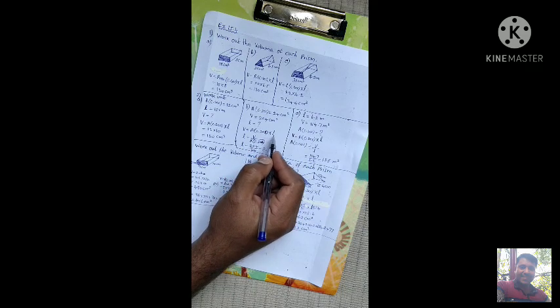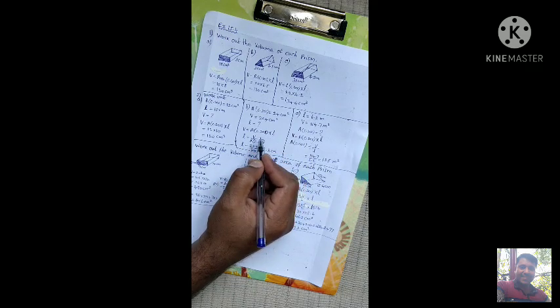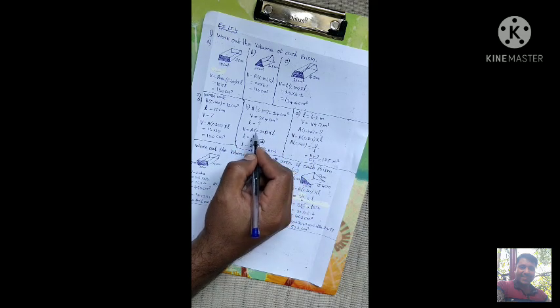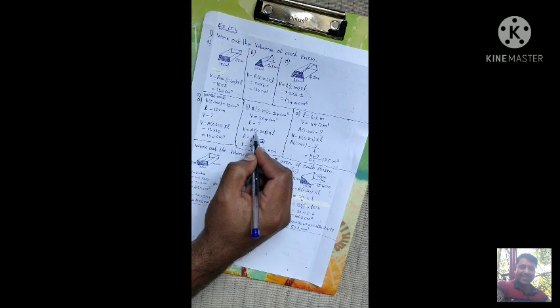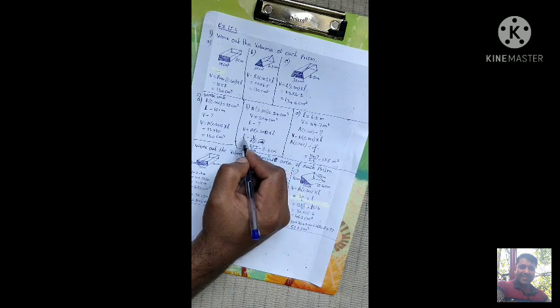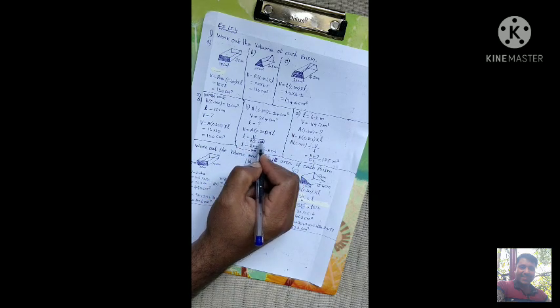So what am I going to do? Keep the L, the length, on the same side, and bring the area of cross section to the other side. So V by area of cross section equals length. That's why I am writing L equals V by area of cross section, that means volume by area of cross section.